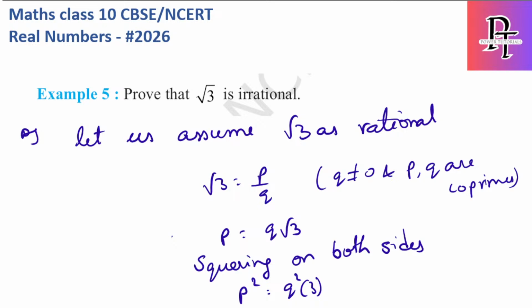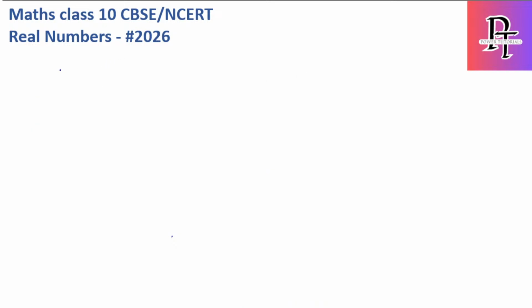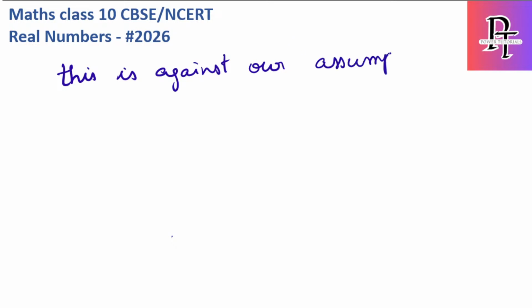Hence we have to say that this is against our assumption. Hence root 3 is not rational.